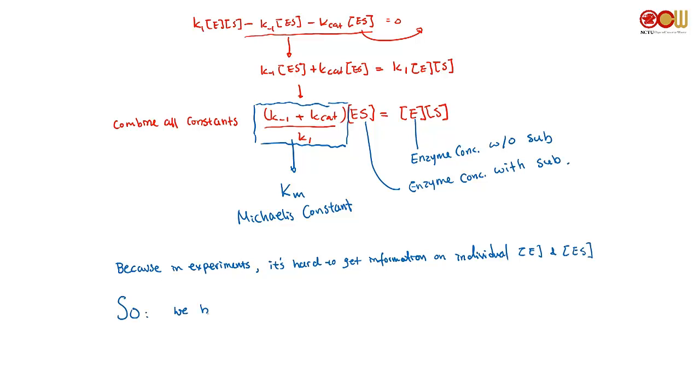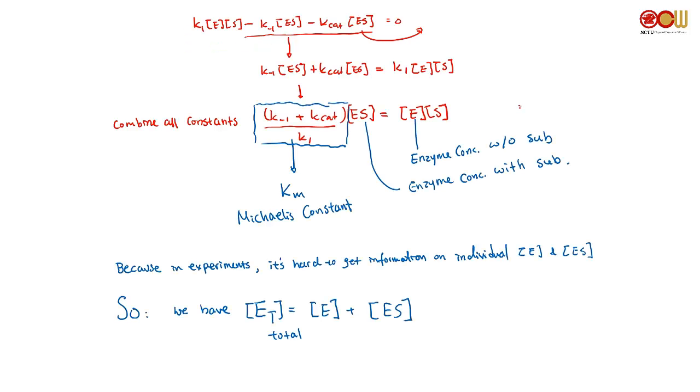So essentially, we call it ET. Not the space alien, ET meaning E total. ET is going to equal E plus ES.